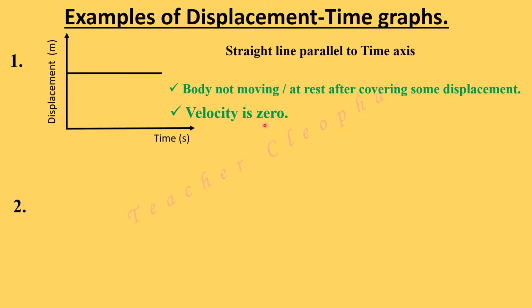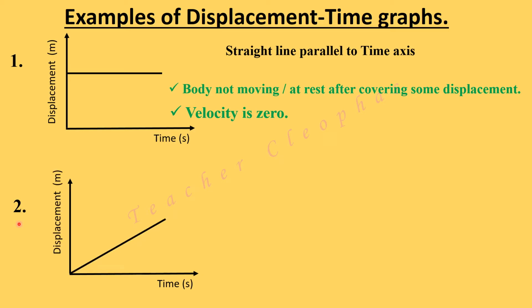Let's move on to our second graph. We have displacement on the y-axis, time on the x-axis, and then this straight line. Now this straight line is sloping from bottom left to top right.